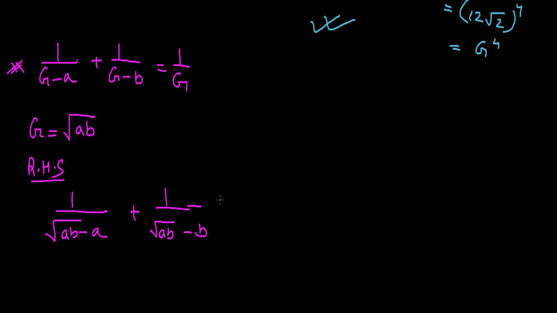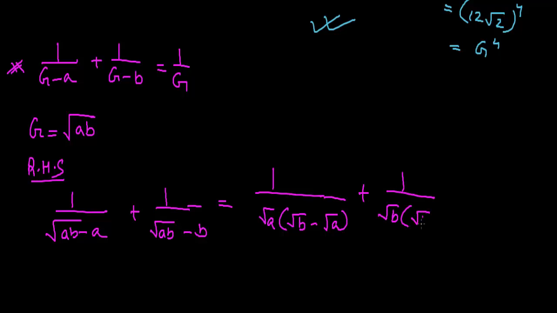Now we need to simplify this. Taking root A common, we get root B minus root A. Now here we'll take root B as common, so root B minus, I just made a mistake, root A minus root B. Now again we need to simplify this.